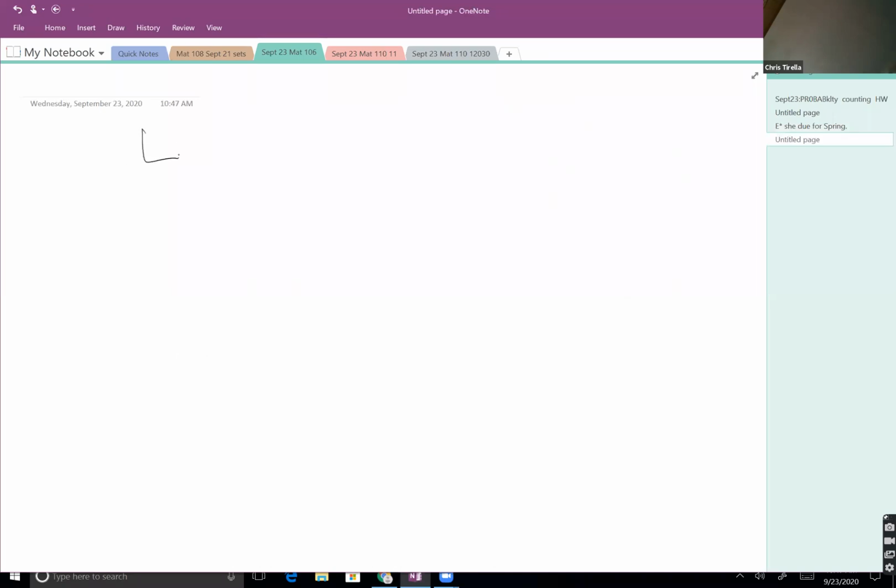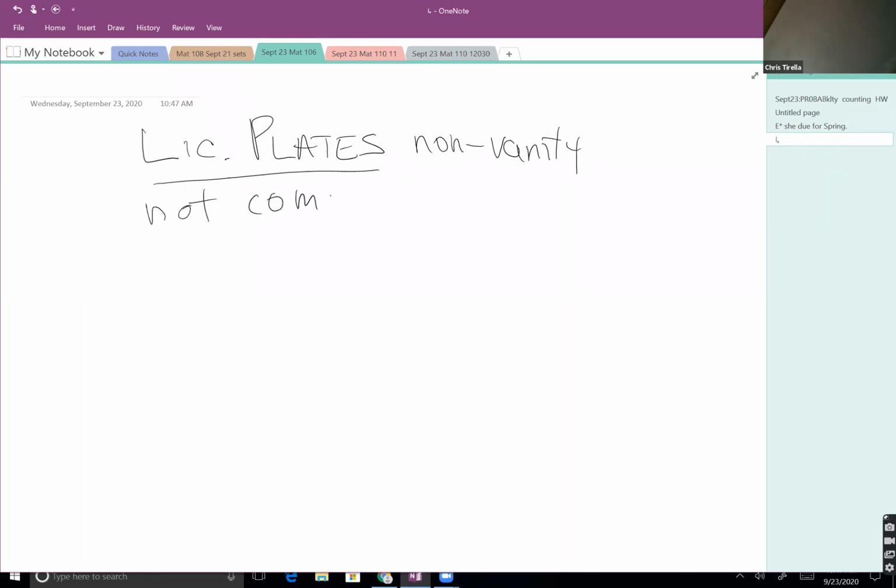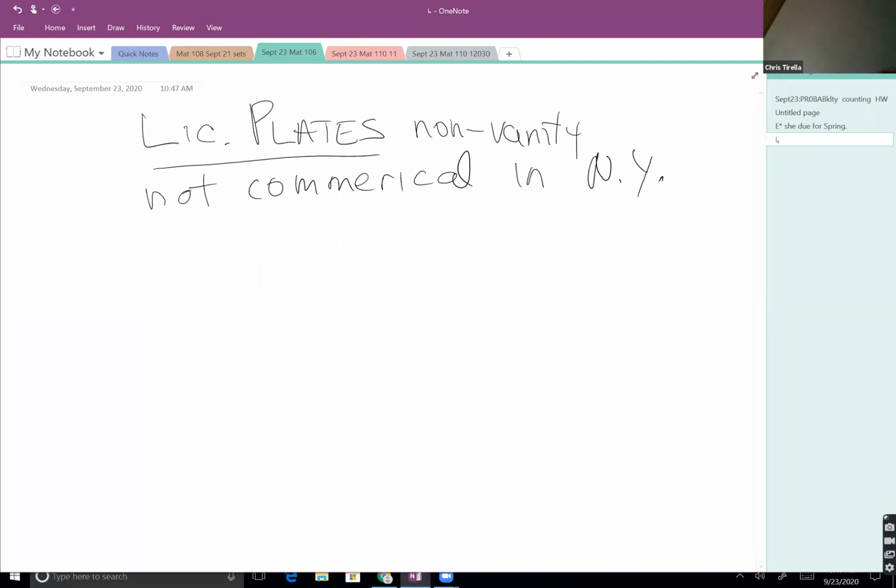So one more. Let's look at license plates. We're going to look at non-vanity, not commercial, in New York. I don't have commercial plates and I don't have a commercial vehicle.